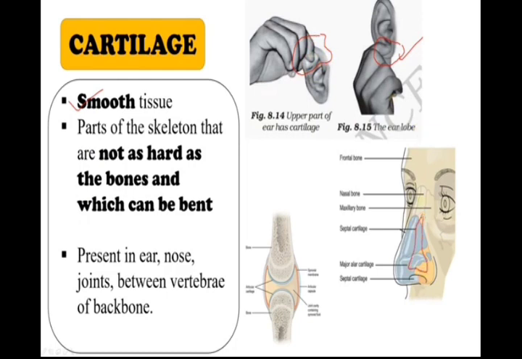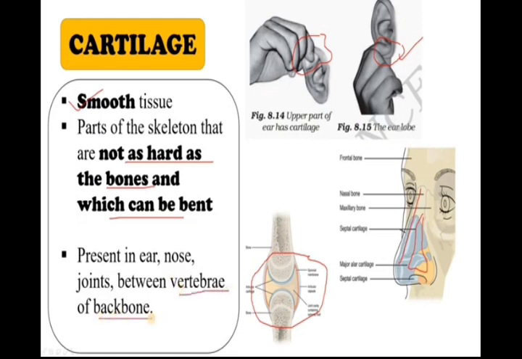Look here, your nose and the joints between the vertebrae of the backbone can also be bent. Why? Because cartilage is present here. Cartilage is not as hard as bone and can be bent. You can see the cartilage is present in between the bones, between the vertebrae of the backbone, and in the nose and ear.